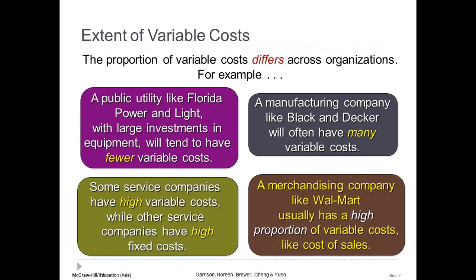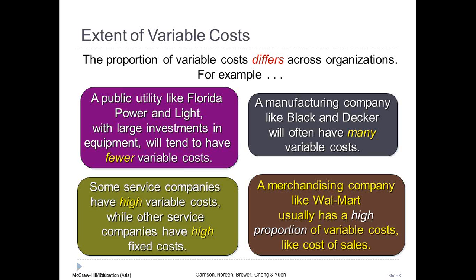Now, the extent of variable costs. The proportion of variable costs differs across organizations. And here we've got a public utility, a manufacturing company, a service company, and a merchandising company. So let's talk about what happens with public utility companies like Florida Power and Light, Duke Power, TEPCO, KEPCO. Throughout the world, there are public utilities, and these generate electricity.